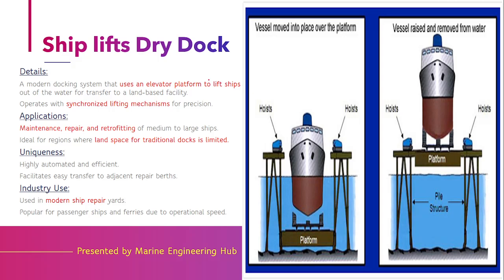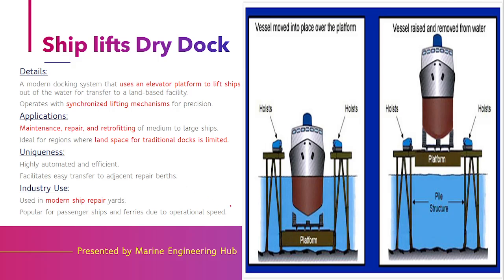So it is like an elevator platform to lift the ship up out of the water to transfer it to a land based facility. It is basically handy for doing any maintenance and repair for medium to large type of ships, and ideal for using where the land space is limited.